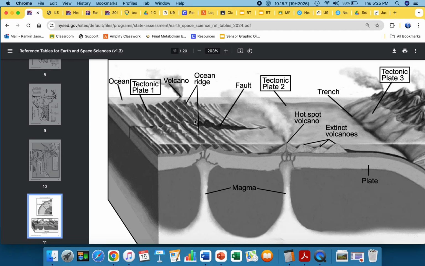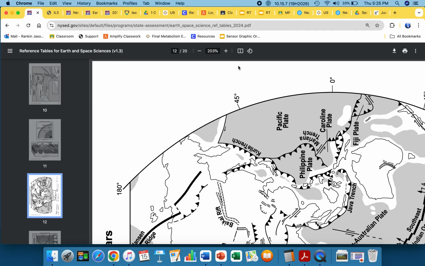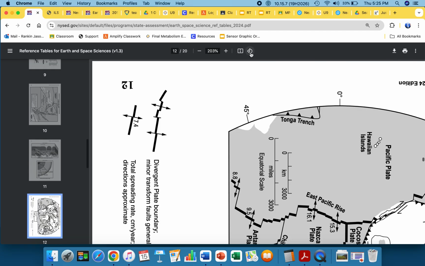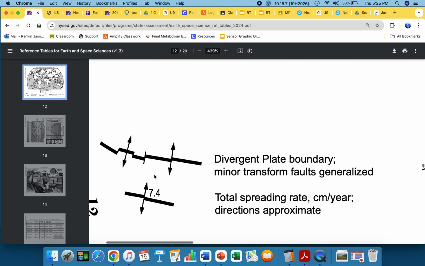Same thing over here. We have an offset ridge. So this portion is moving to the left. And then if this is the ridge across here, this portion is moving to the right. You have many of these offset ridges, and they're all around here too. The key is showing you some offset ridges.